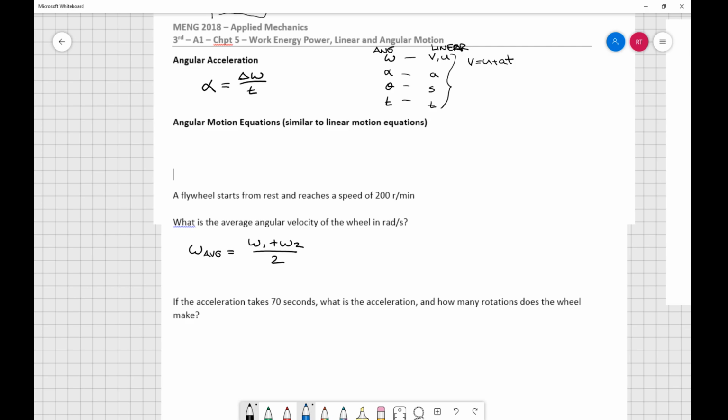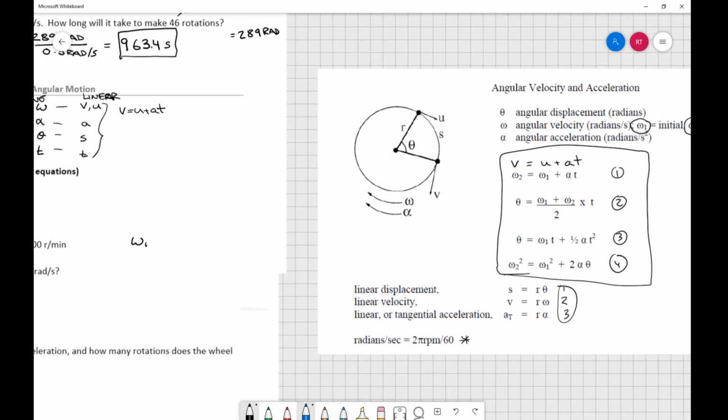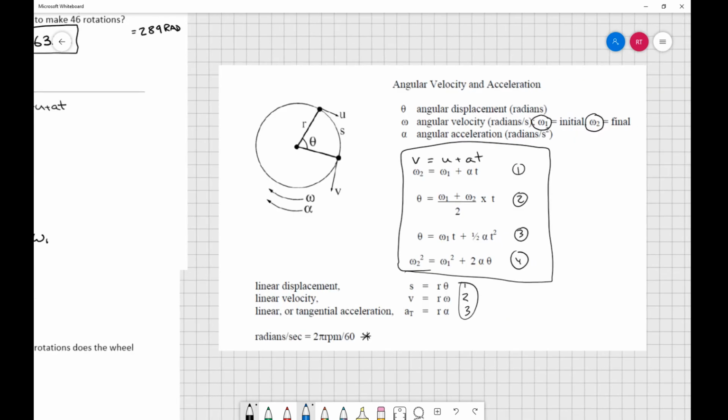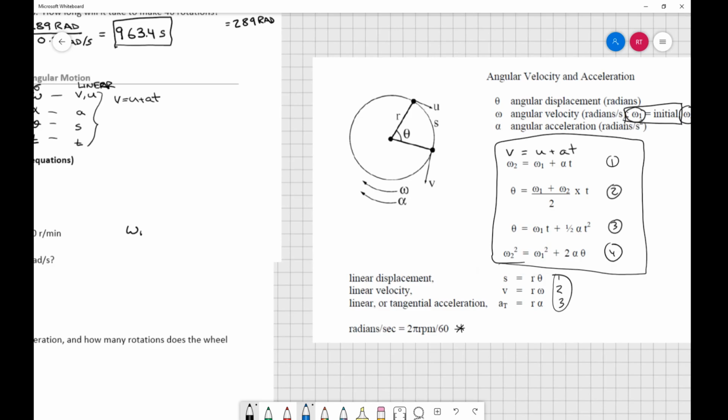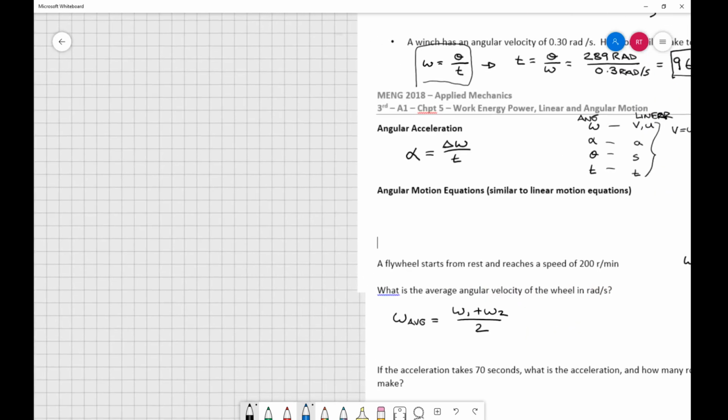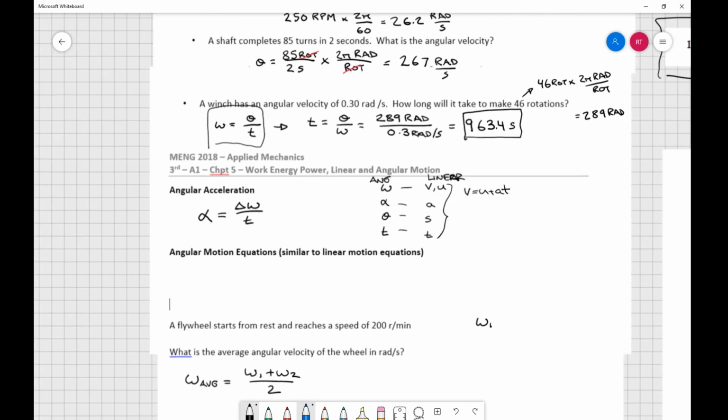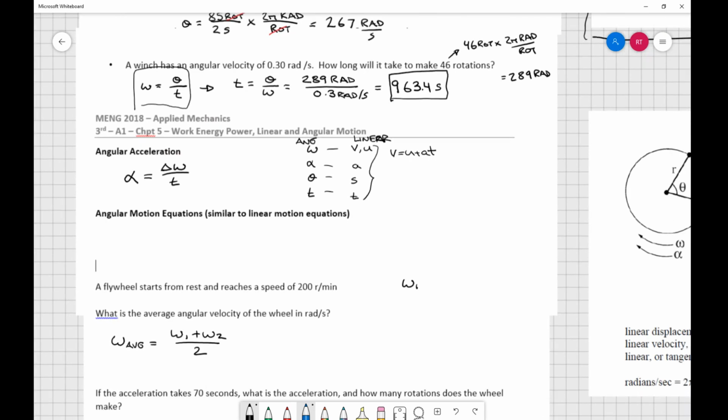Problem that I have is I have omega 1, which is my initial velocity, I believe. So omega 1 is my initial. Omega 2 is my final. So initial starts out at 0, starts at rest.